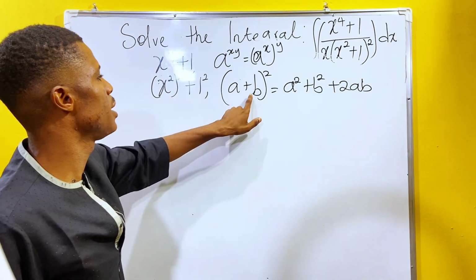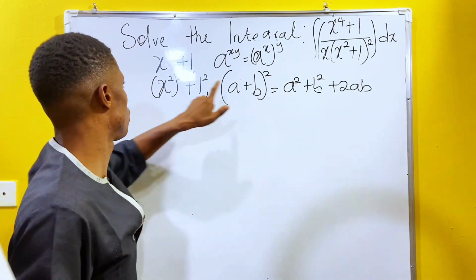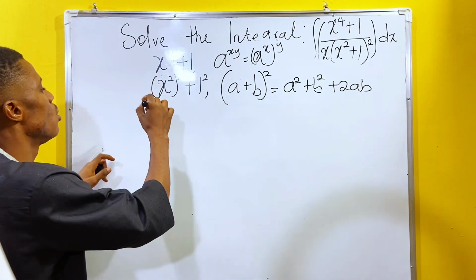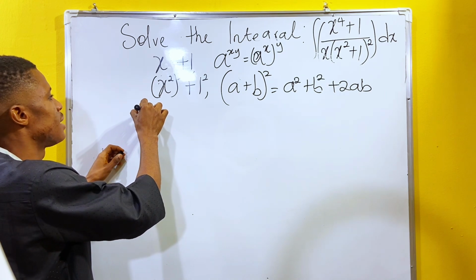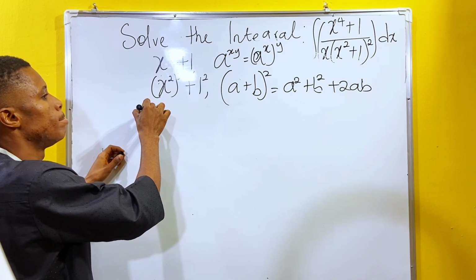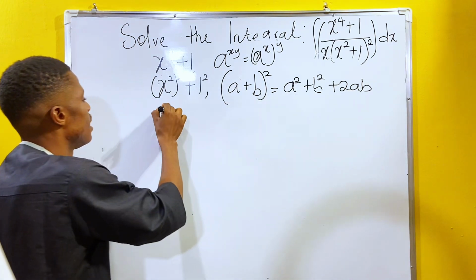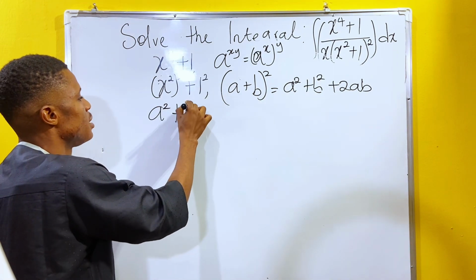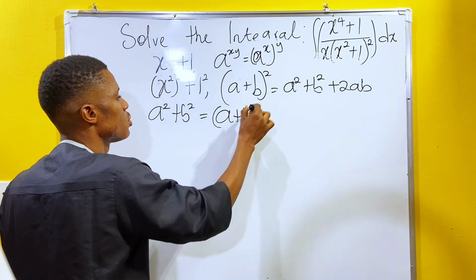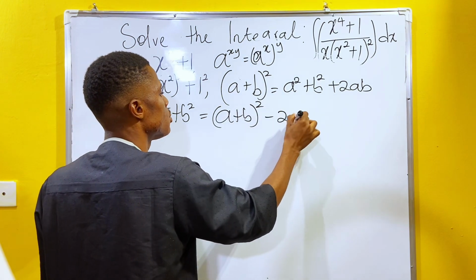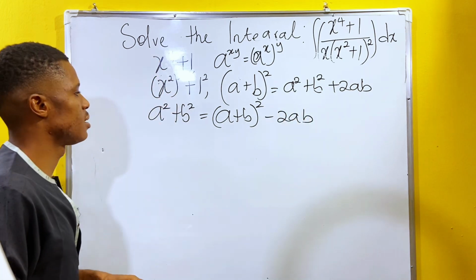So a squared plus b squared will be equal to a plus b all squared minus 2ab. That's what we have.